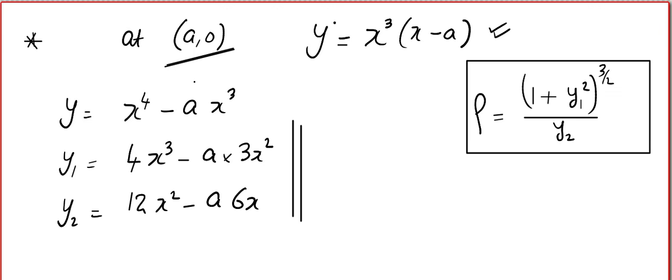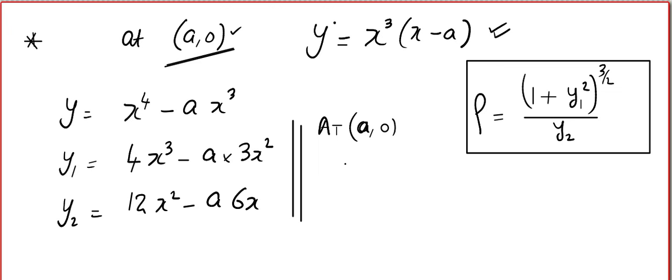I told you in the last video that there are two options. If you want, you plug in y1 and y2 directly into rho, and finally you plug in a comma 0. Or you can do another method. You can find the values of y1 and y2 at a comma 0. That will be easier.